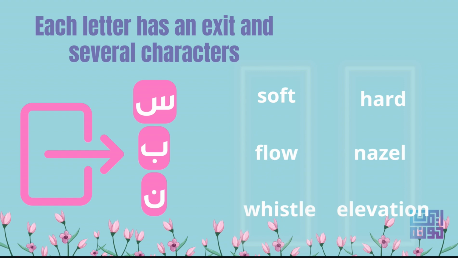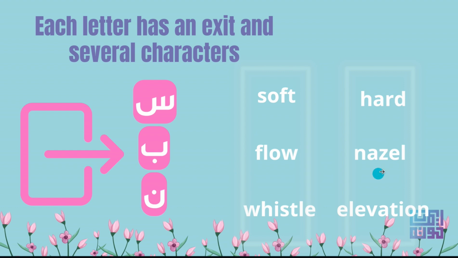As. And you also hear the softness of this letter because the sound is flowing. While the ba has a contrary character, and this is hardness, meaning that the letter terminates in its exit. Ab, ab.